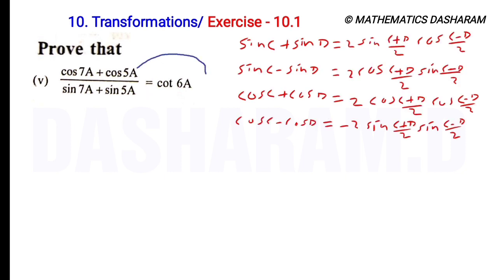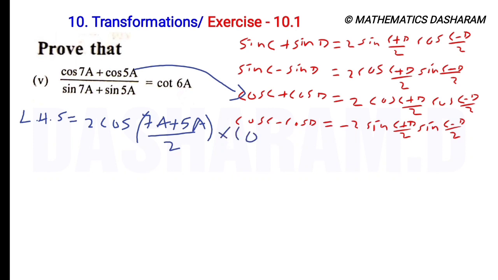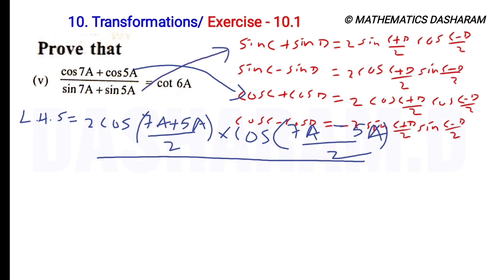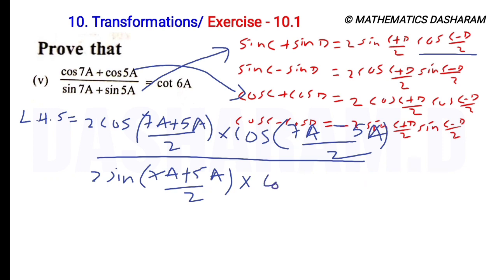For the numerator, apply the formula cos C plus cos D, and for the denominator sin C plus sin D. So the numerator formula is 2 cos((C + D)/2) into cos((C - D)/2), so cos((7A - 5A)/2), divided by, the denominator formula is sin C plus sin D: 2 sin((C + D)/2), that is (7A + 5A)/2, into cos((C - D)/2), so cos((7A - 5A)/2). Now the two terms are cancelled and here the 2 also cancels.